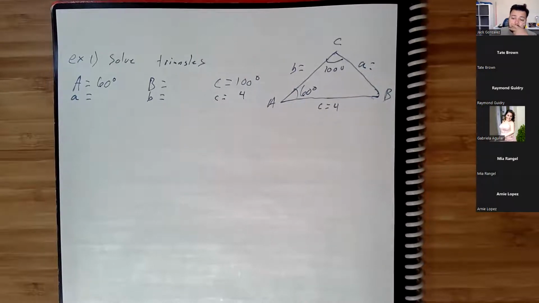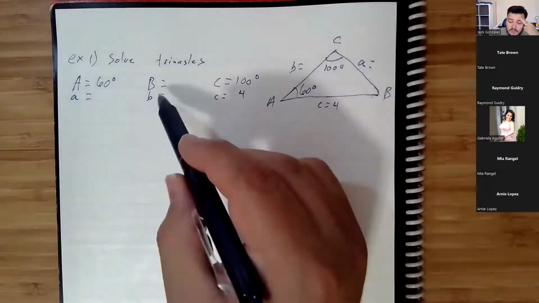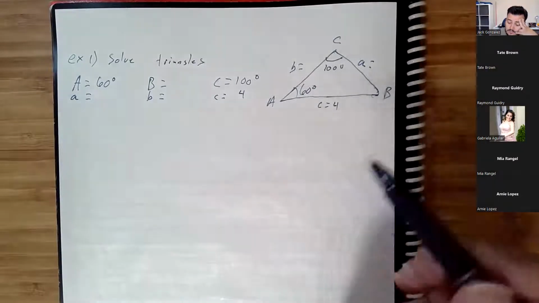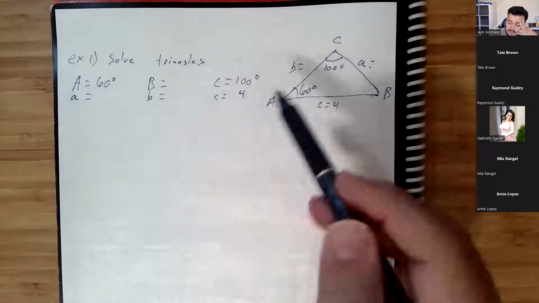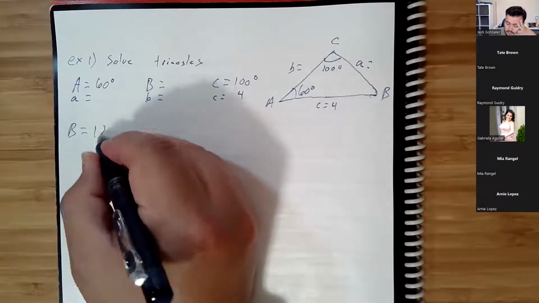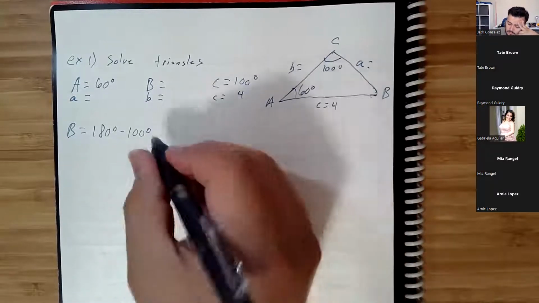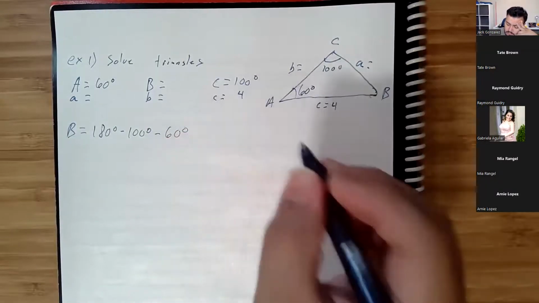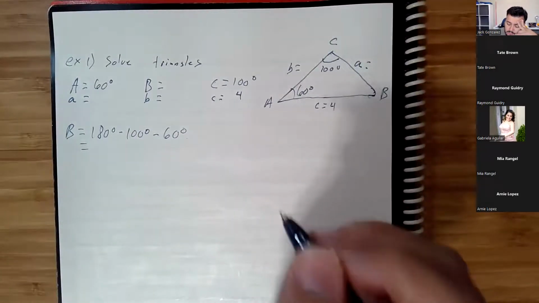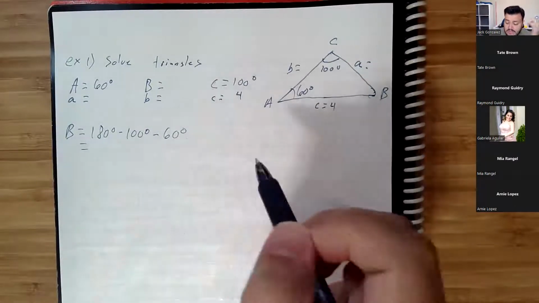Alrighty, so as soon as we have two angles, we technically can find the third, no problem, right? I think we've done that before. So the first thing you should do is check: if I got two, just go ahead and find the third one. So B would be equal to 180 degrees minus the other two, because the three need to add up to 180.